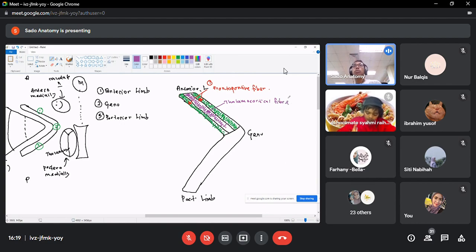The first one is coming from the frontal lobes, and the second is coming from the thalamus. One is descending, moving downward, and thalamocortical is ascending, moving towards your cortex. Okay, I draw a simple diagram for you over here.